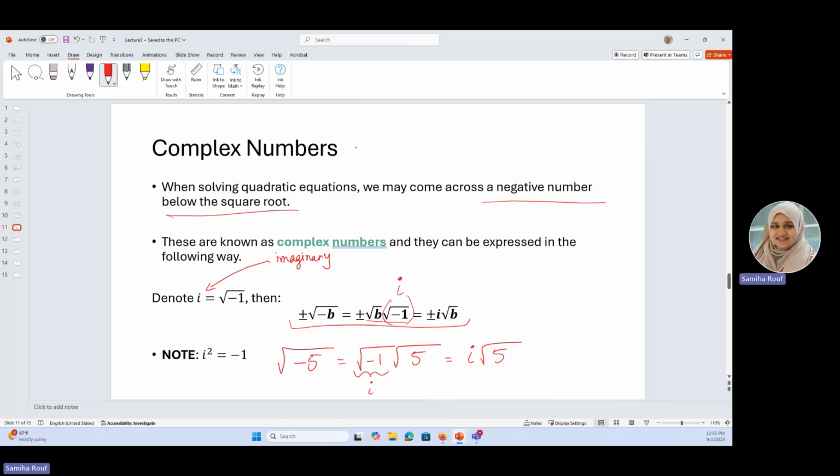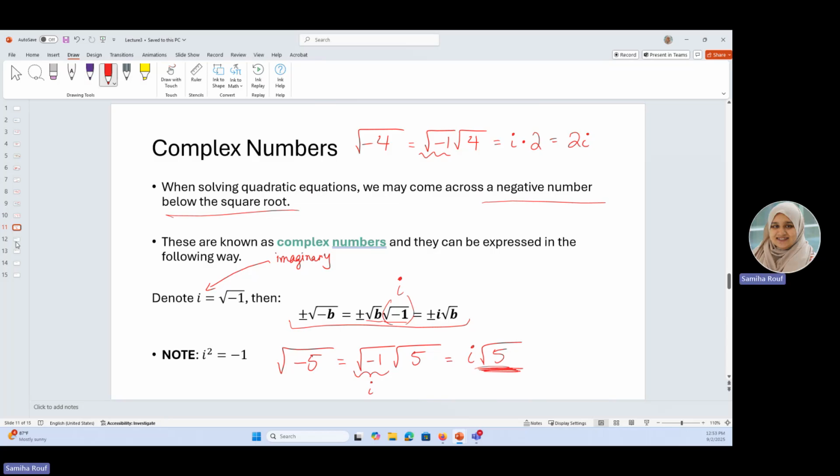If your number was a perfect square, so let's say I had square root of -4. So again, I get square root of -1 times square root of 4. Well, this is i, but square root of 4 is 2. So this is 2 times i. So in these situations, you would write the number before the i. But if you don't have a perfect square, then you write the number with the square root after the i.